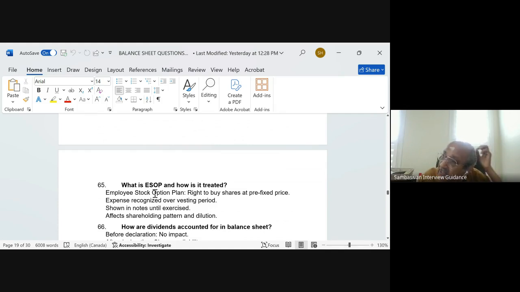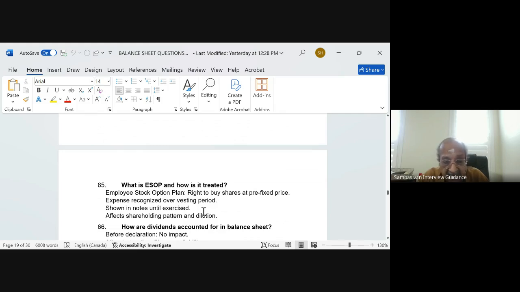So that is employee stock option. This is done in order to create a feeling of ownership in the minds of the employees. This is done in major companies like TCS, Infosys, Cognizant, and all that.